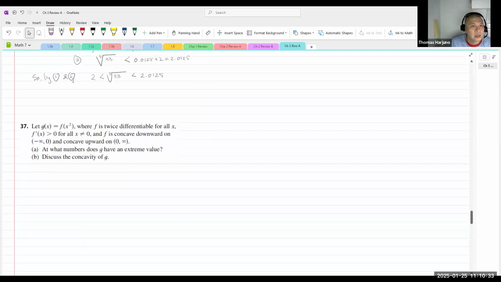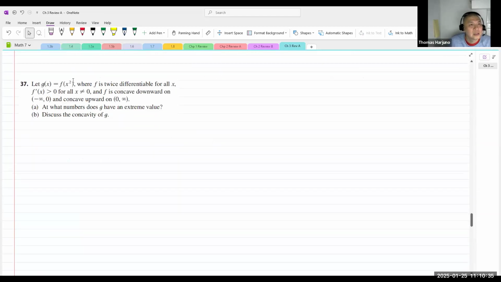Okay, but number 37. Let g(x) equal f of x squared. So this is a composition function where f is twice differentiable. It means f prime of x exists on all real numbers, and f double prime also exists on all x.